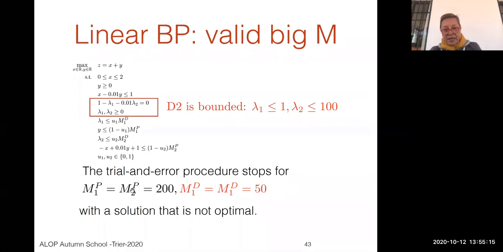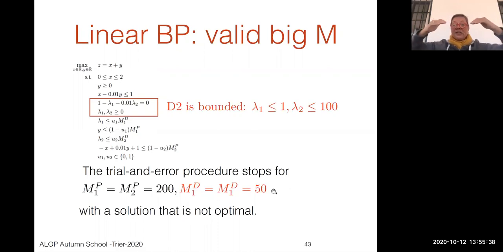In this case, you solve the MIP with those values, you obtain an optimal solution that is not optimal, and in fact, those big M satisfy this trial and error procedure. None of the constraints involving the big M is binding in the optimal solution, so the procedure stops.